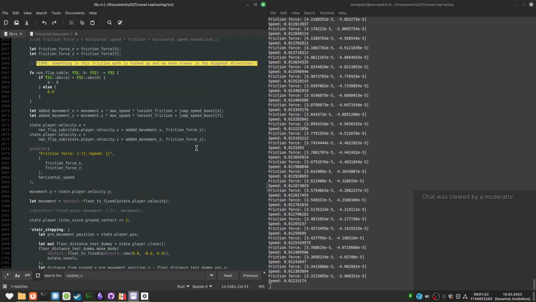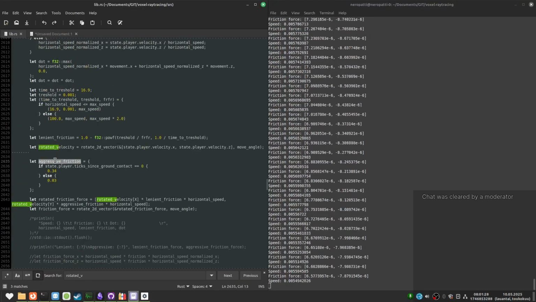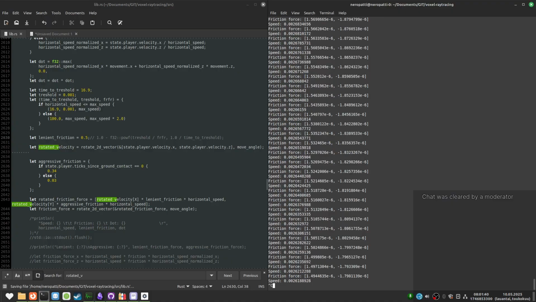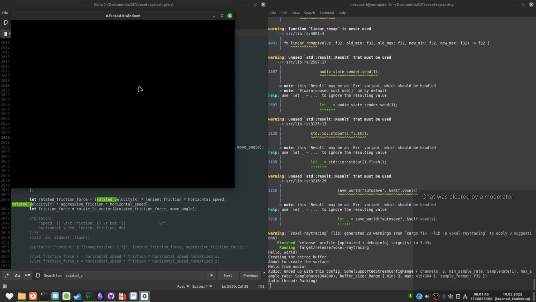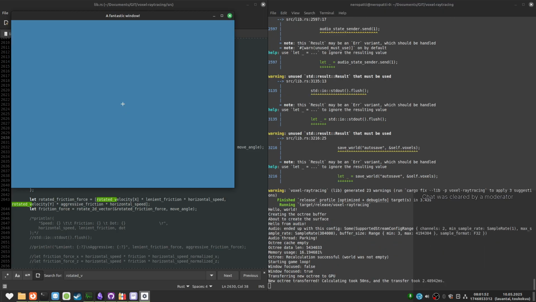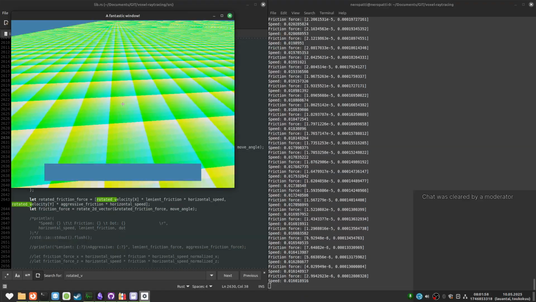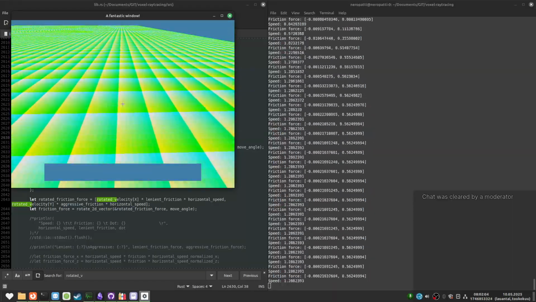Why is the friction force so low? Why is it so low? Yeah, lenient friction is 0.5 now. If it's the earlier math messing me up, they should fix it. If it's something else, then I'll get to see it right now. Because it is the current math somehow messing me up.